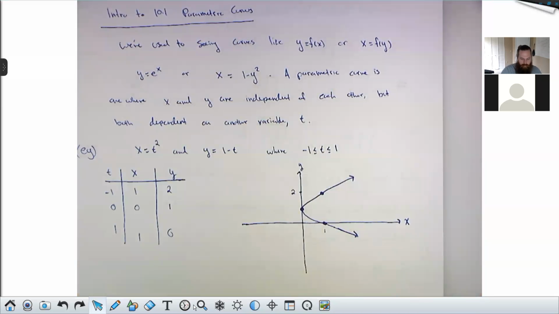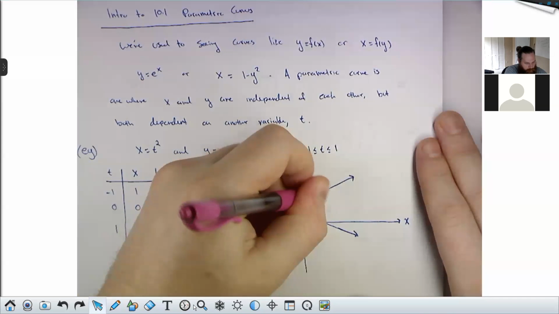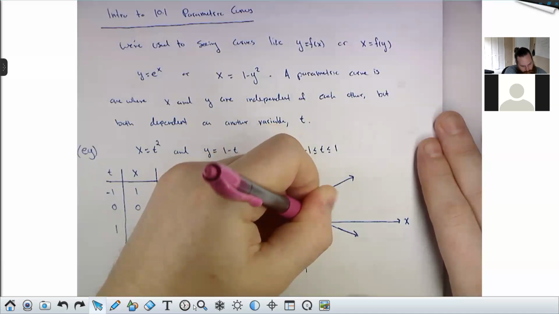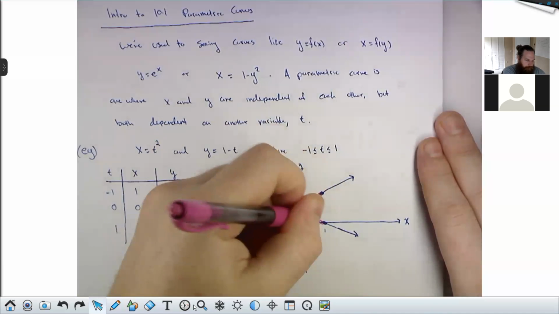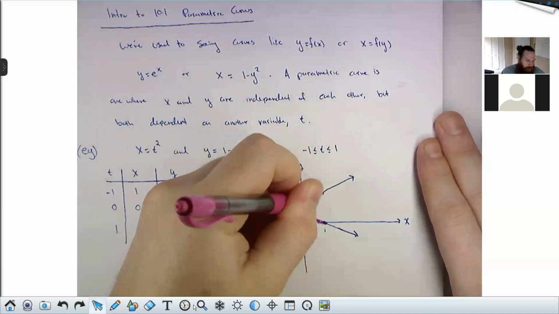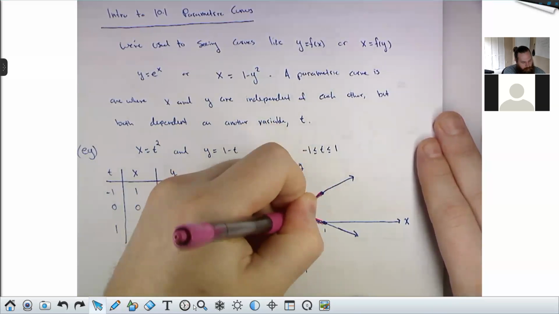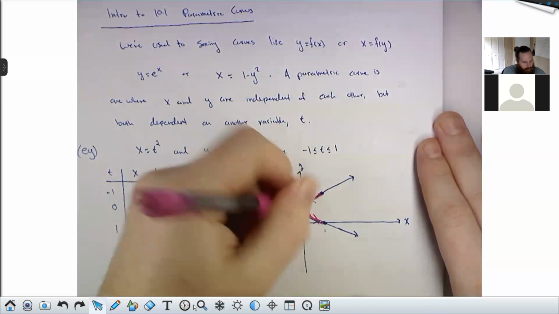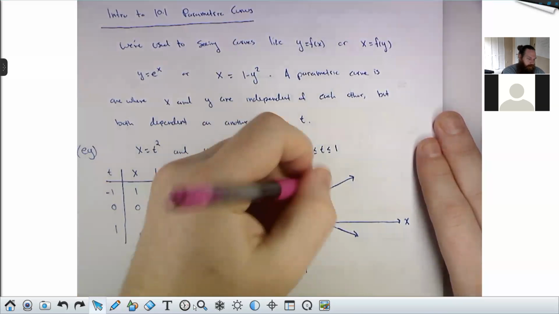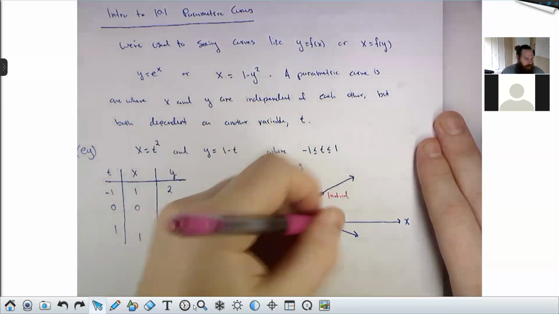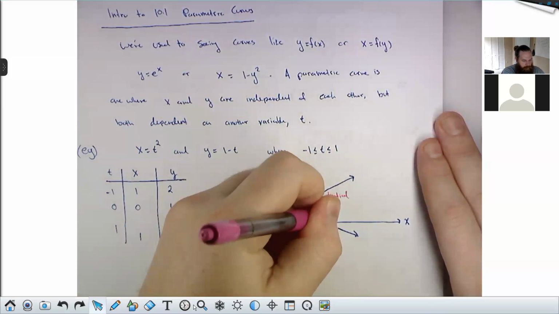And if t is just allowed to run from -1 to 1, then I would just have this piece. And it's traversed with a direction. We started up there, and then we came over here. So this would be called my initial point, and this would be called my end point or terminal point.